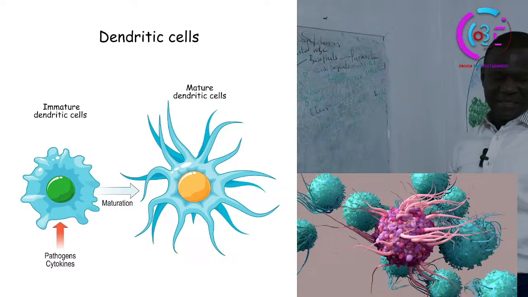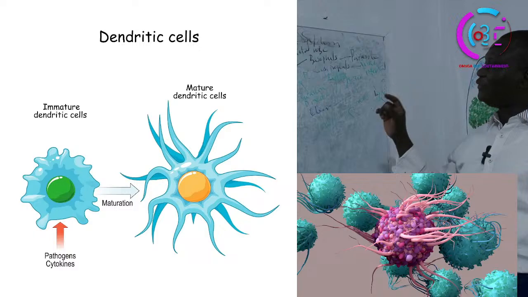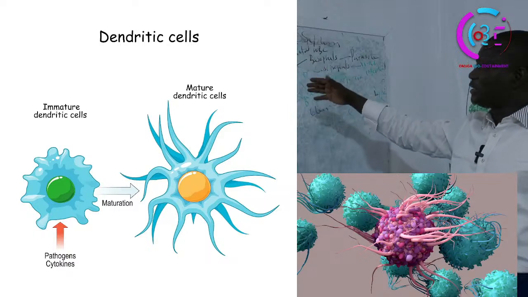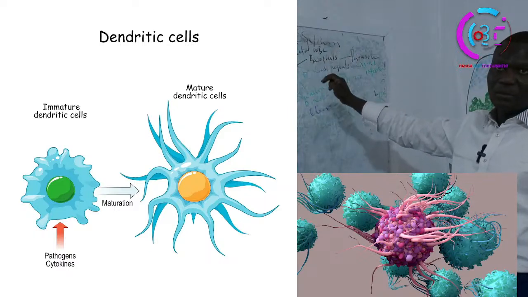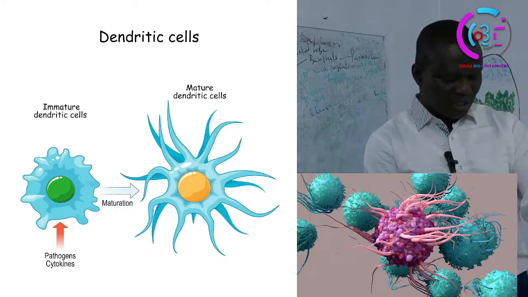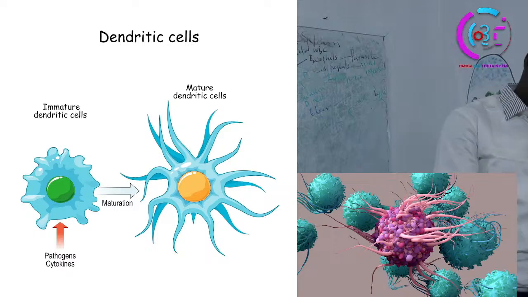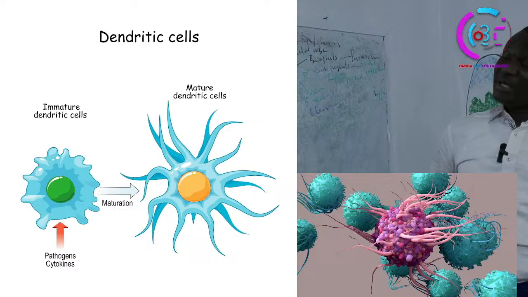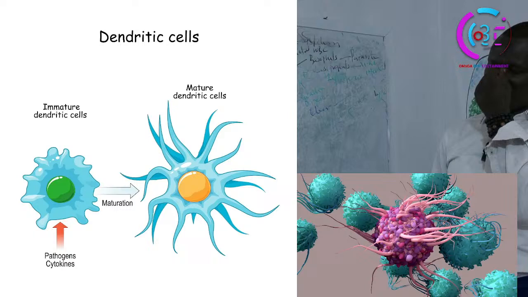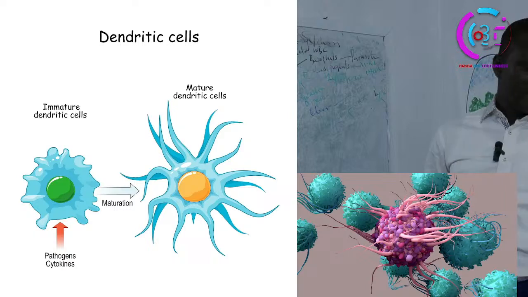The chemical barrier of the innate immune system is where you have tears, saliva and so on. Then I also mentioned the presence of hydrochloric acid in the stomach that lowers the pH so as to make it inhabitable for microorganisms.